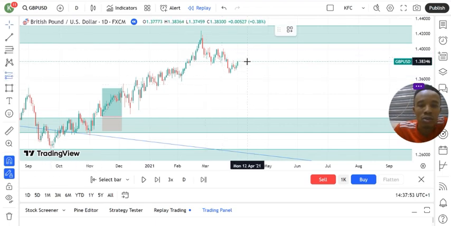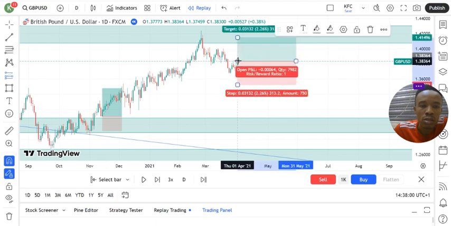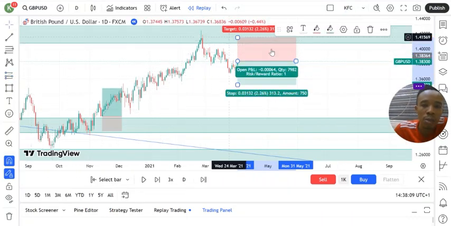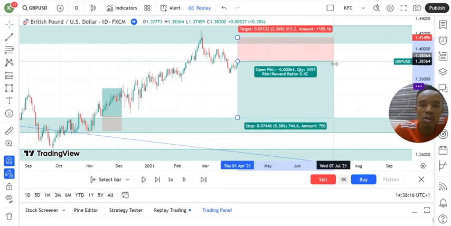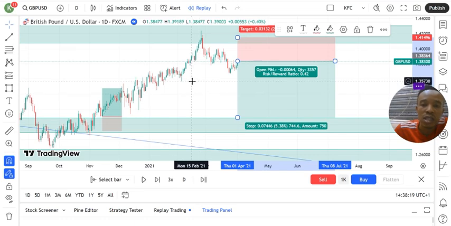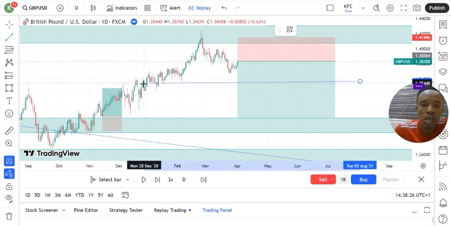So this is the entry already. Seeing that there's a lot of liquidity here, I'm going to be breaking even with this entry. And I'm going to do TP1, TP2, because I'm seeing this first liquidity here as take profit 1.